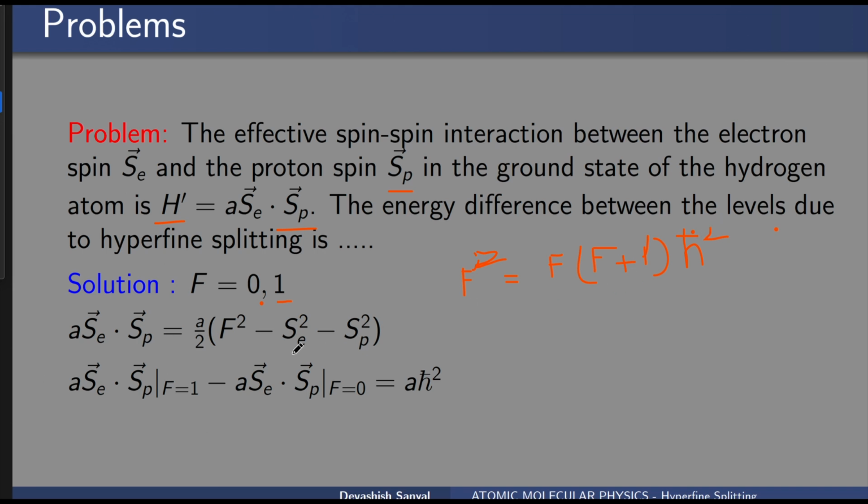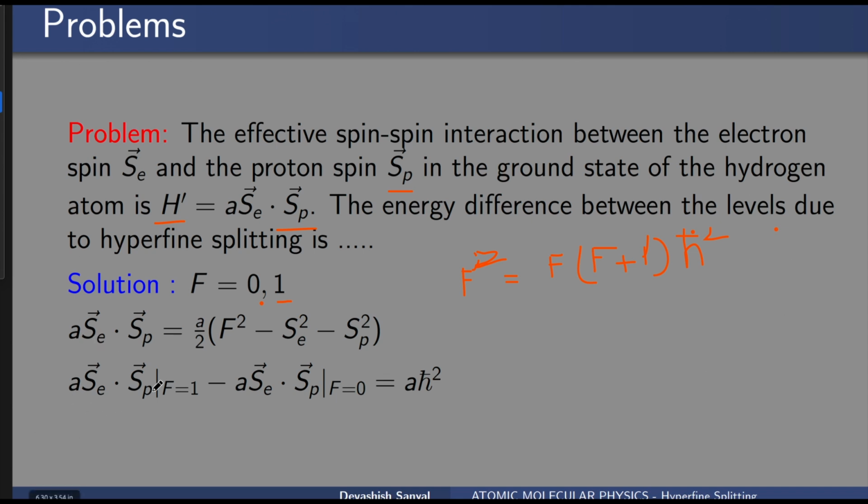So when I write S square e, that means half into half plus 1 h bar square, and S square p is half into half plus 1 h bar square.